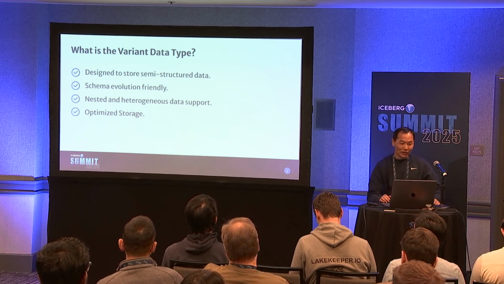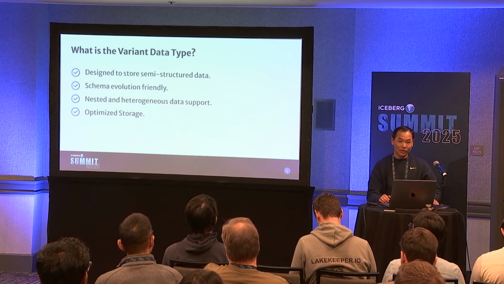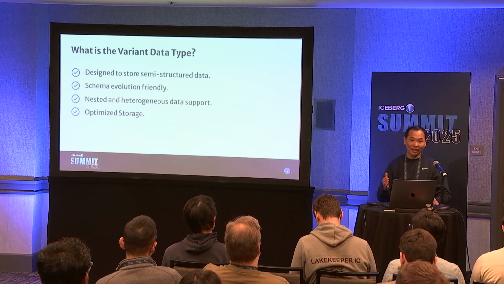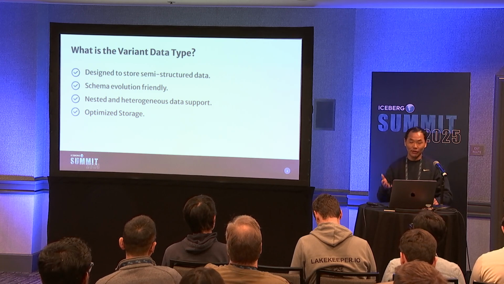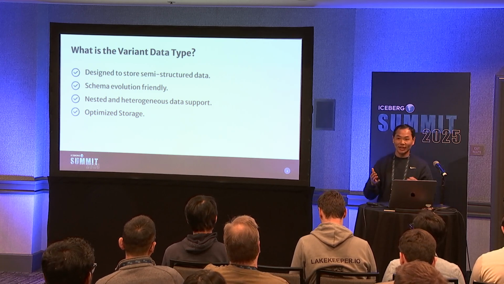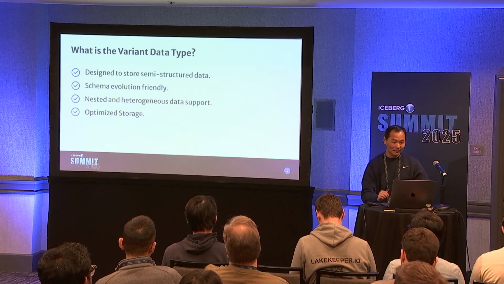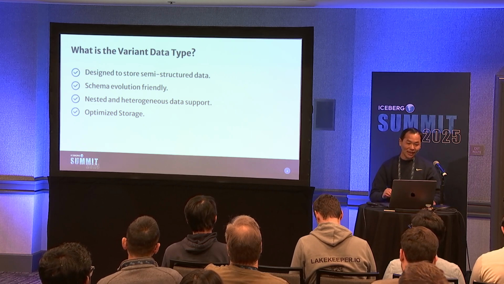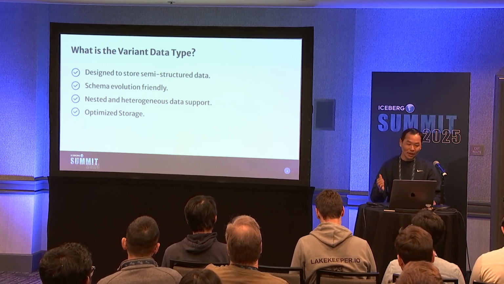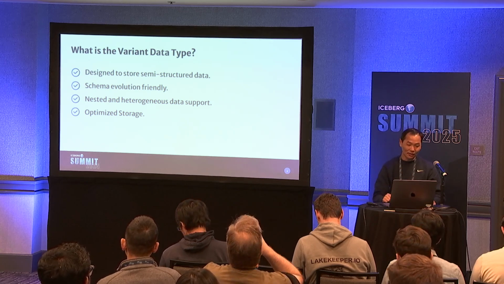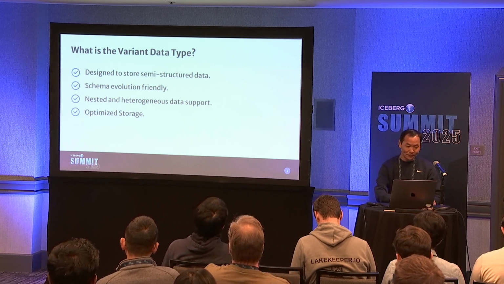For variant data type, you can also store nested data inside, and you can store different data types. For example, you can store int, you can store string, or you can store an object inside the variant. And lastly, it can help to optimize storage. Later, you can find out what that means for optimized storage.